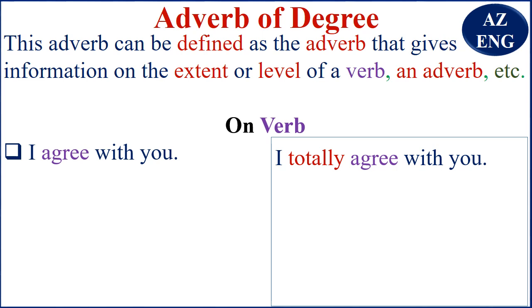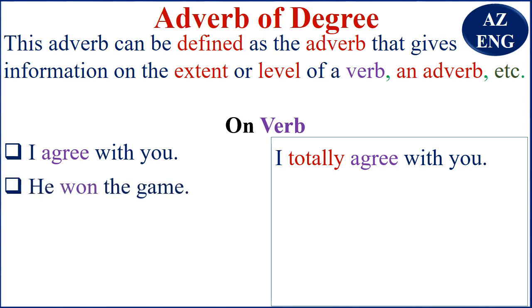I totally agree with you. You see, the word totally is an adverb, and you can see that it's an adverb of degree. It shows how I agree with you. It shows the level or the extent of my agreeing with you. So I totally agree with you. Completely. Good.